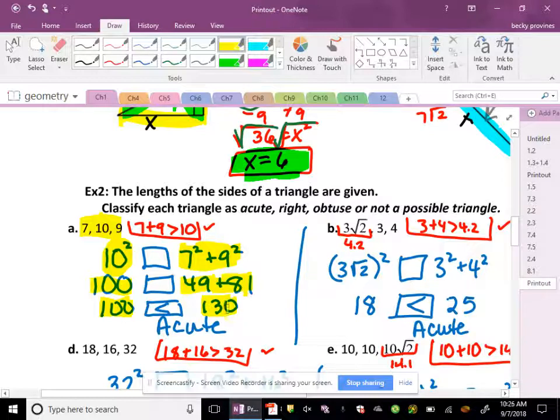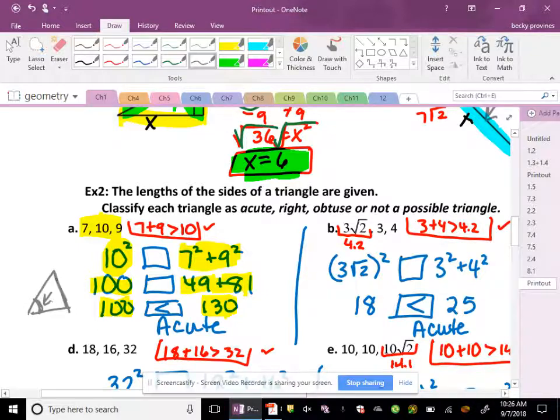But the legs are bigger. So think about this. You have this triangle and the hypotenuse is smaller. So if the hypotenuse is smaller, like this right here is typically your hypotenuse, or that's the angle across from the hypotenuse. It's small.